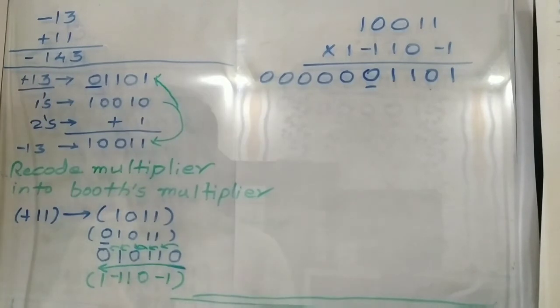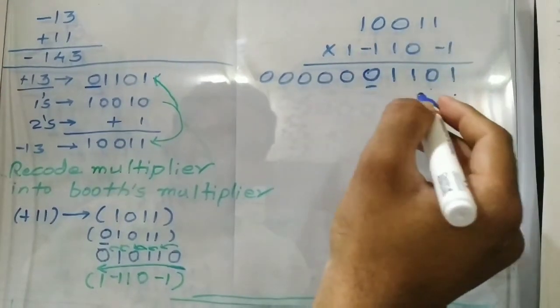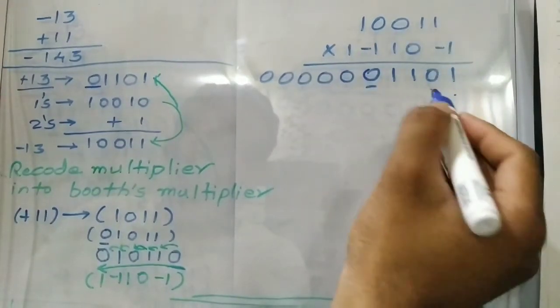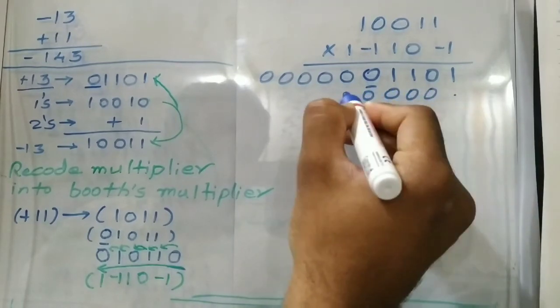Okay, now we have 10 bits in the product. Again, follow the same procedure and multiply this number by 0. This will remain 0. Then also just write it to avoid any confusion.